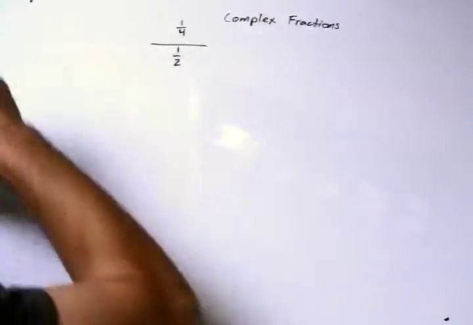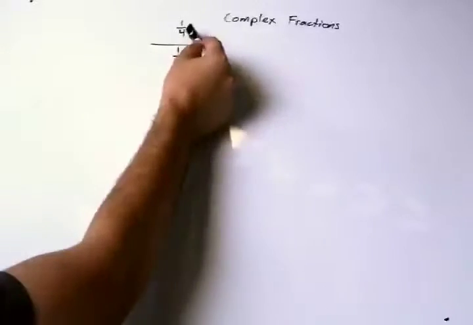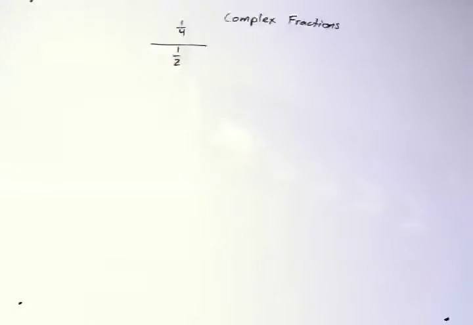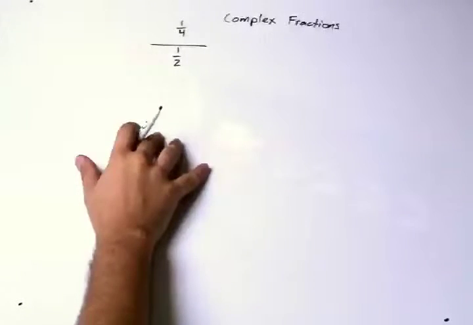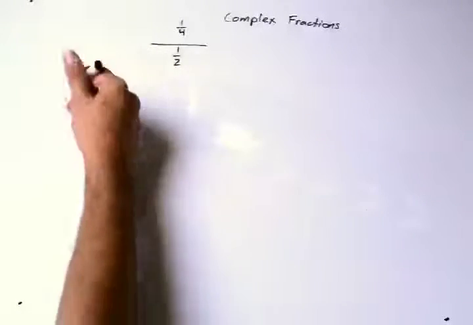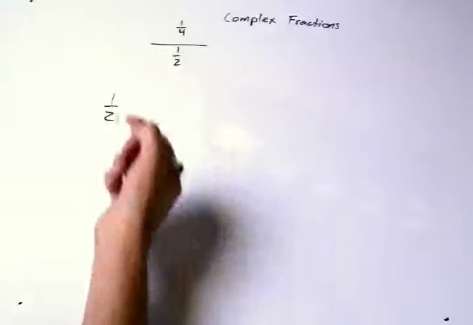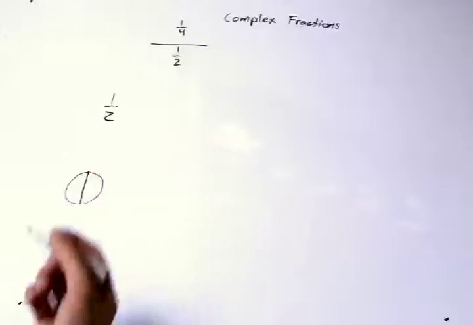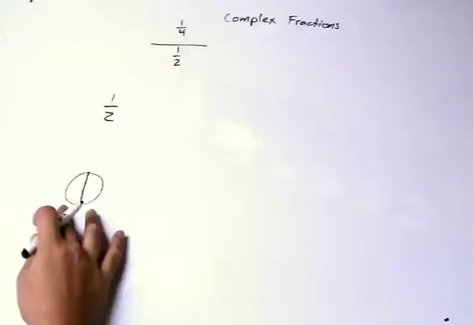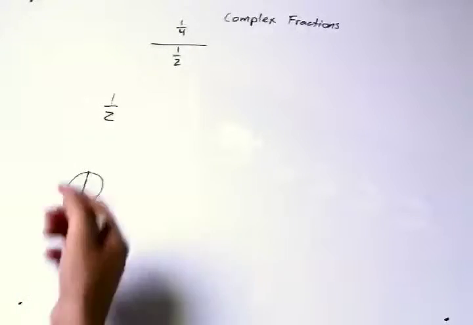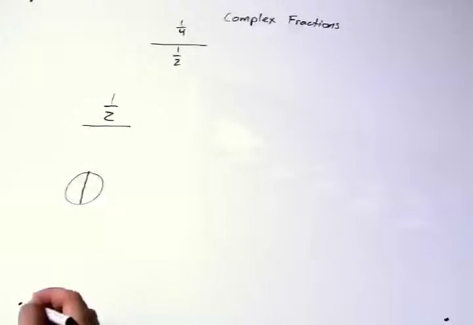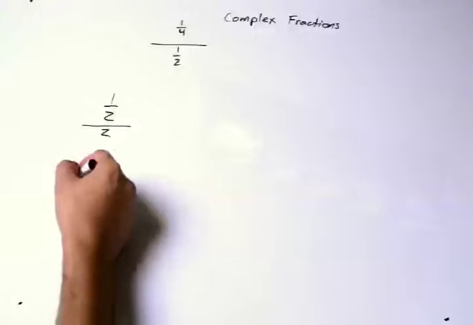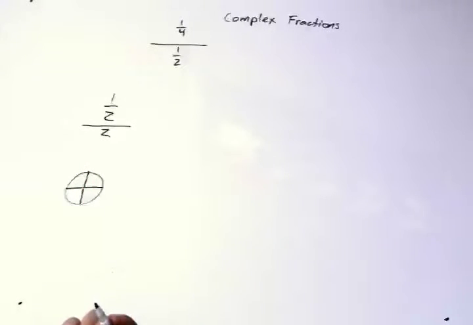There are two different ways you can handle this. The first is to look at the top as separate from the bottom. Before I get into that though, let's talk about why multiplying by the reciprocal works there. If I have 1/2 of something, visually that's represented with just an object cut in half. And if I were to divide this by 2, you can intuitively go, oh, I need to do this and end up with 1/4.